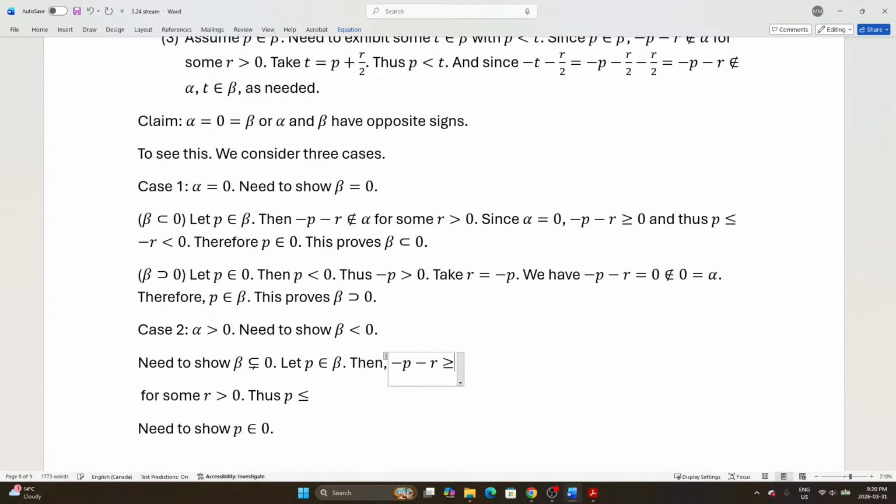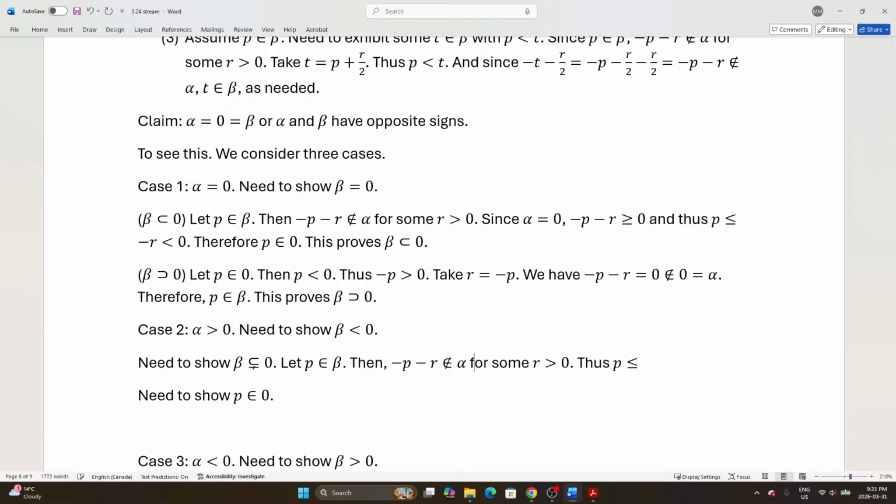Okay, so let me rewrite. Then minus P minus R is not in alpha for some R positive.